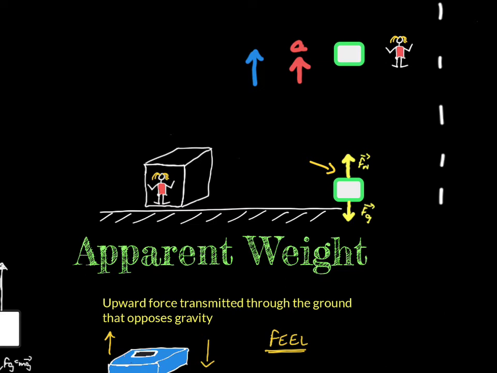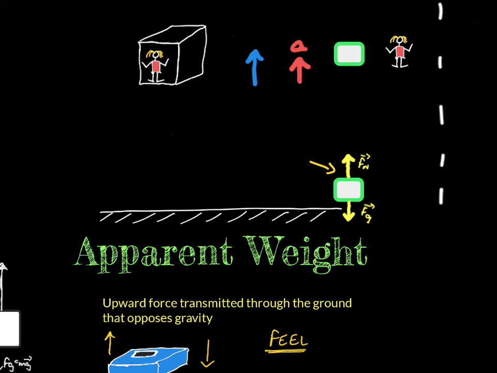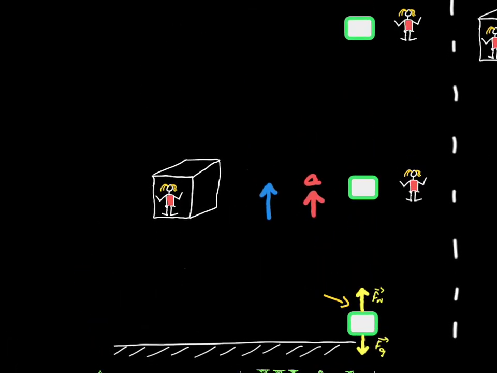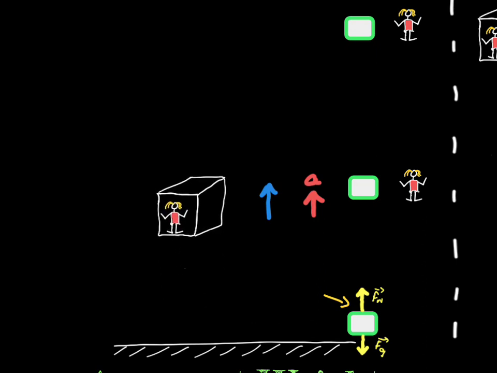Now, the person starts accelerating upwards in the elevator and we take a snapshot at this point here. They've been moving, they're now starting to accelerate upwards as an elevator does. We'll see a number of things. Firstly, they're moving with a velocity upwards, and their acceleration is also upwards.